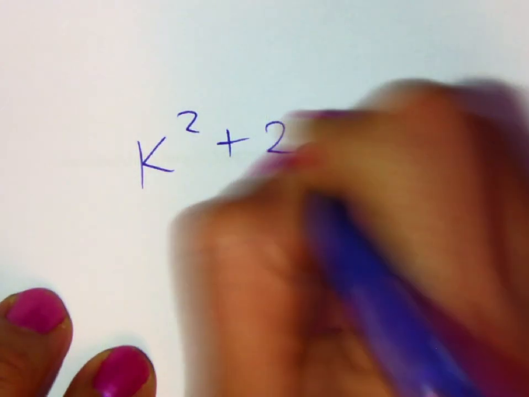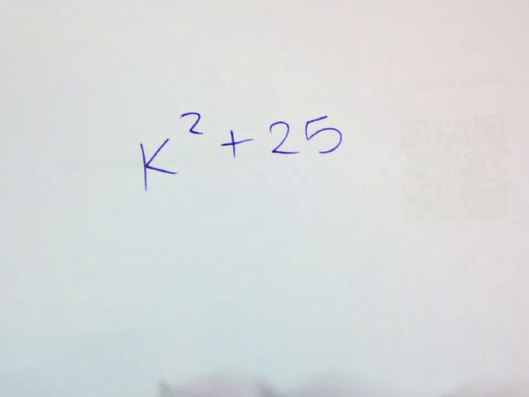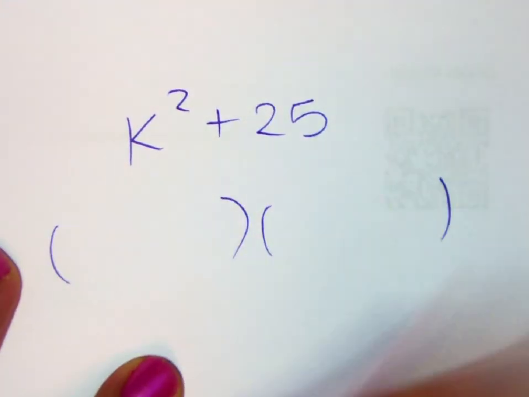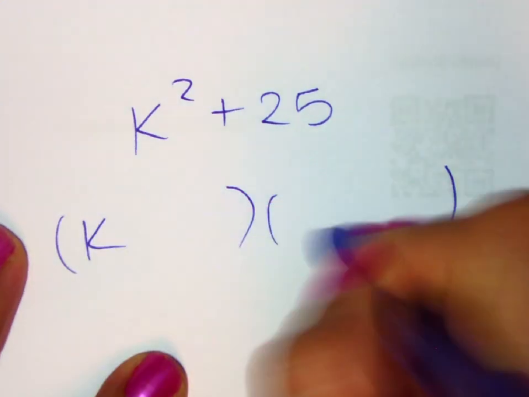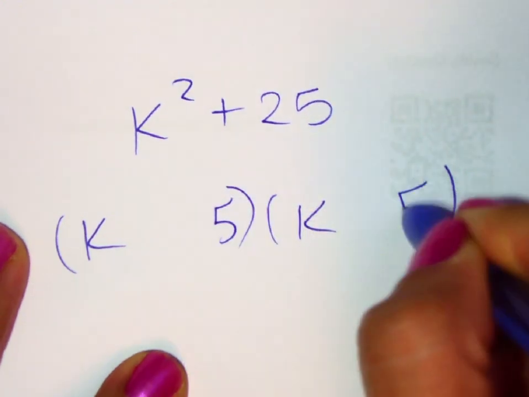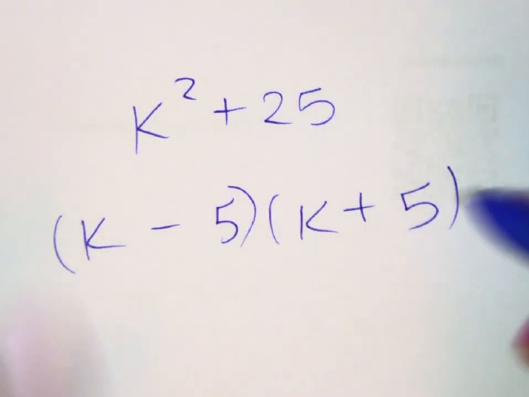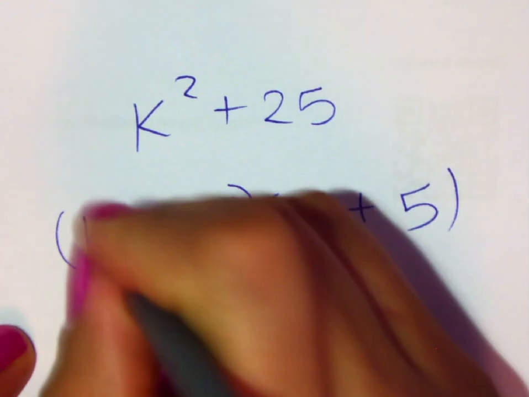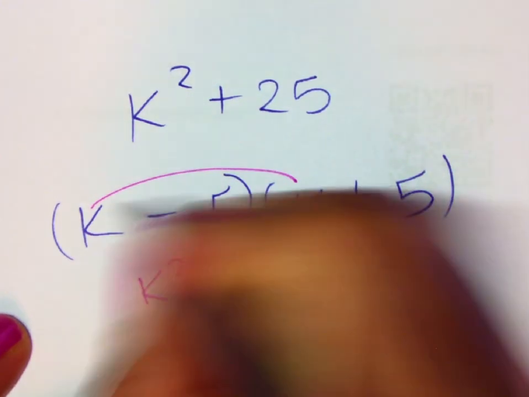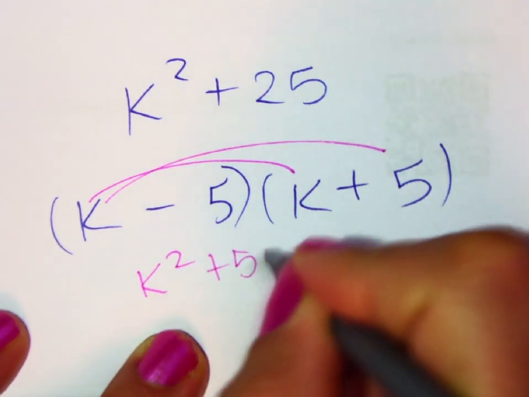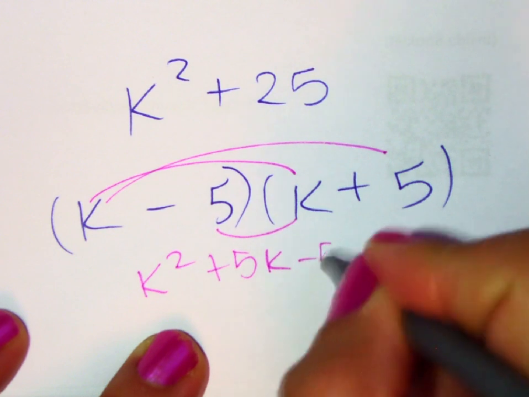There will be times that you will have a binomial that looks like this, and you're tempted to say that this difference of squares will work. k times k, 5 times 5, and a plus and a minus. However, this is not going to work because when you multiply using the FOIL method, you do get k squared, and you do get a positive 5k and a negative 5k.